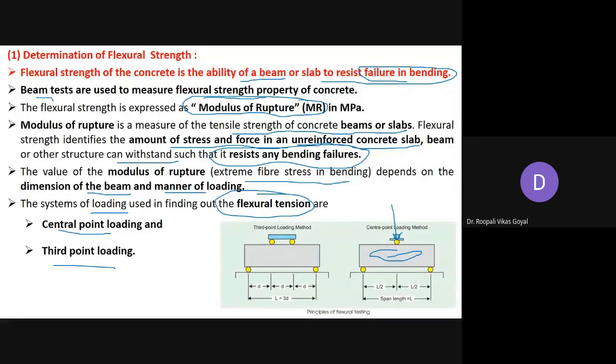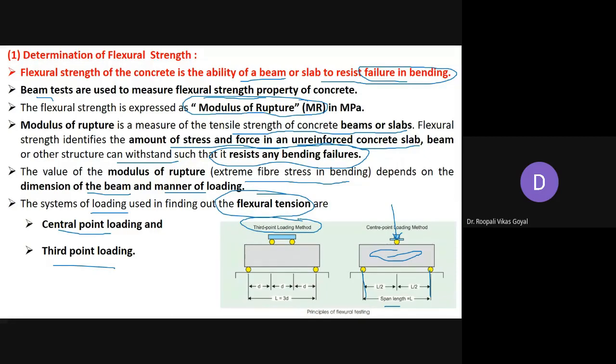Okay, so this is the span length. जो rollers है उसके ऊपर आपको ये रखना है आपका specimen, and this span length is generally 600 mm, 60 centimeter. Okay, and exactly at the center you have to apply the load. And second is third point loading.